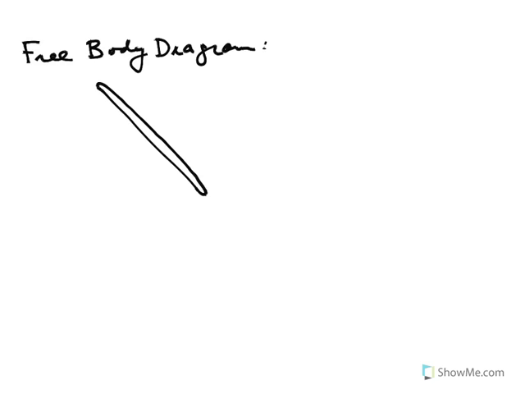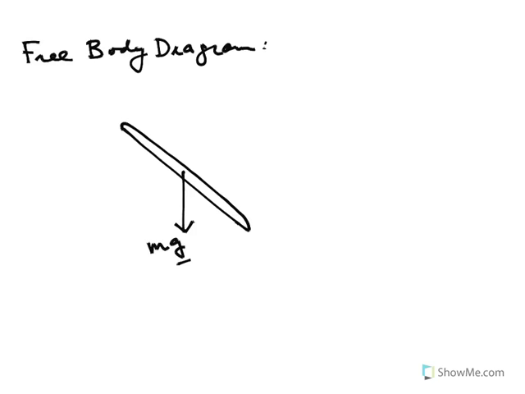To make this a little easier, let's move this down a little so that we have more room to work. So there's the arm. We have gravity, which acts at the center of mass, and then we have some reaction force. I'm going to put this off in some arbitrary direction, which is R.